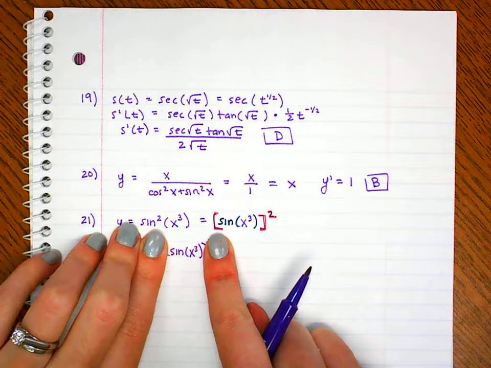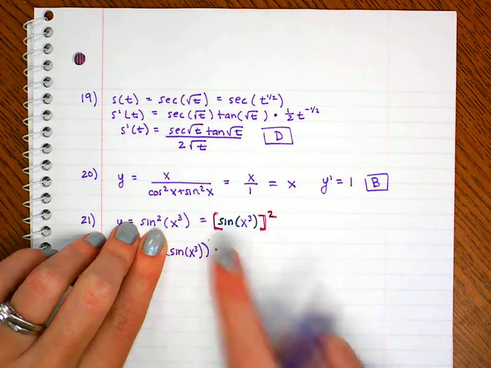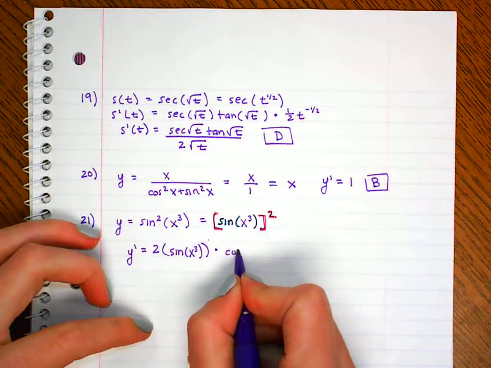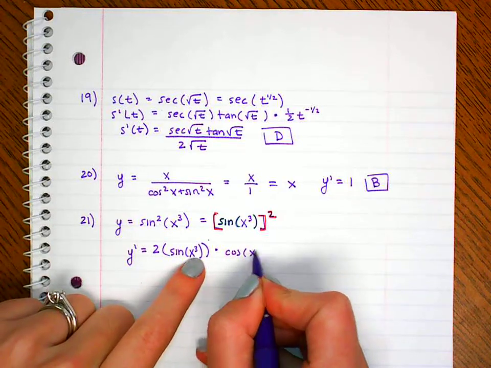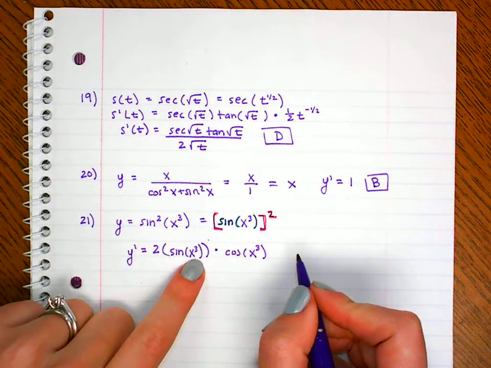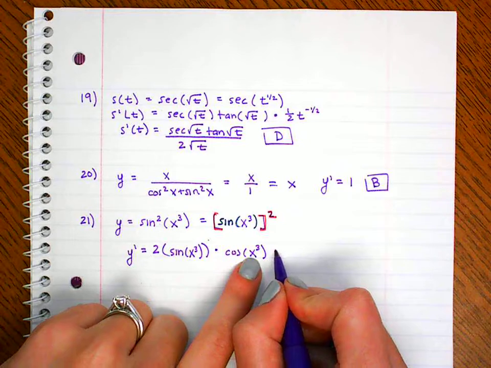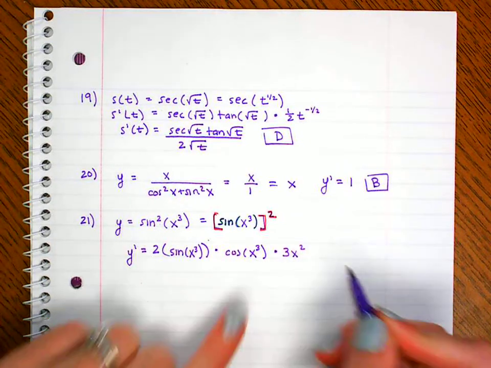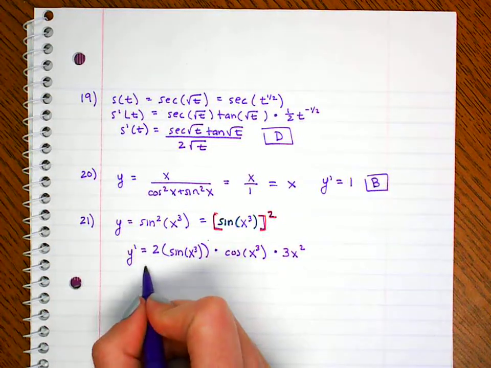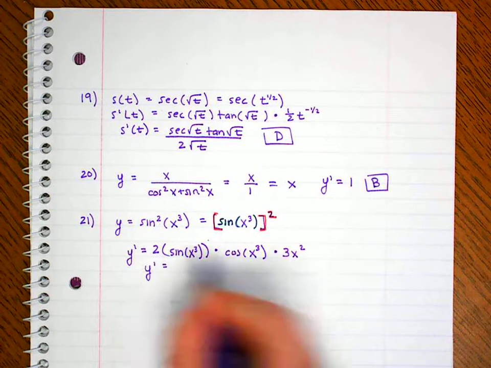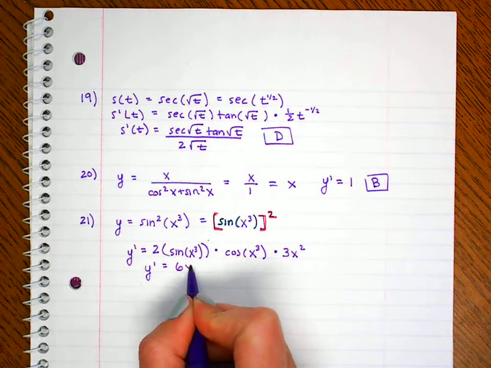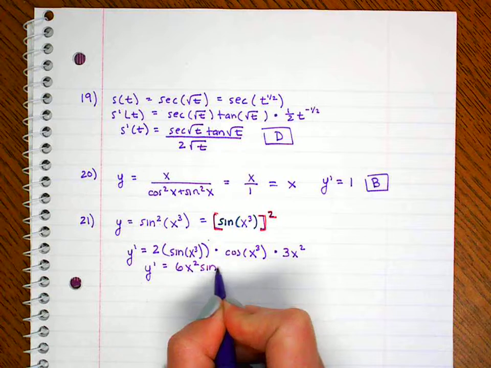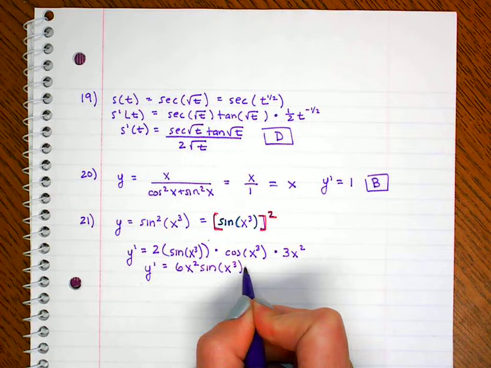So the derivative of the outside portion, sine, is going to be cosine. But I have to plug in the stuff. Whenever I plug in stuff, I take the derivative of the stuff. Well, the derivative of this stuff is going to be this. Okay, so now we're going to simplify that as best we can. I'm going to combine that 2 and that 3 and get 6 x squared, sine of x cubed, cosine of x cubed.